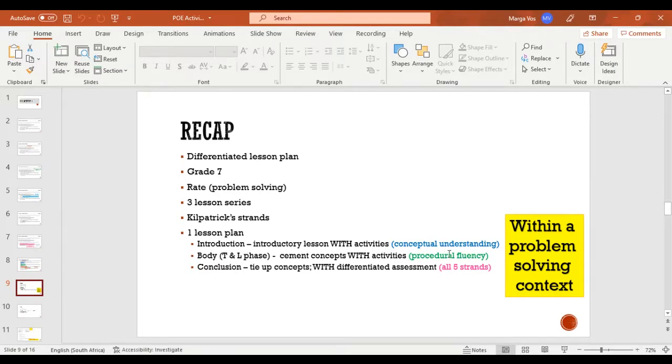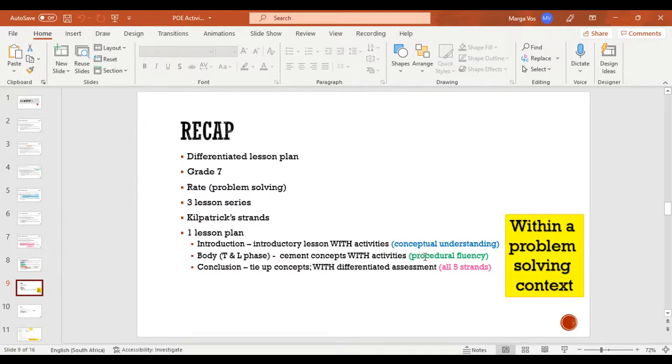So here I've already indicated for you how to use your strands of mathematical proficiency. So in your introduction, you will introduce the concept and make sure that they understand the concept. So that's conceptual understanding with activities for them to do. In the body, that's your teaching and learning phase, you are going to cement the concepts with activities.